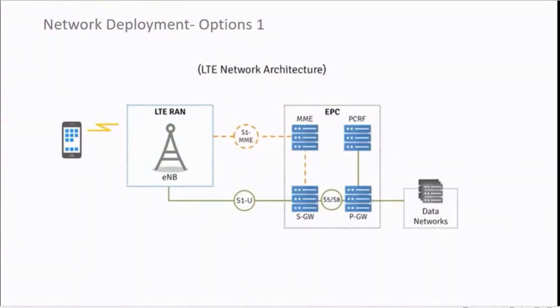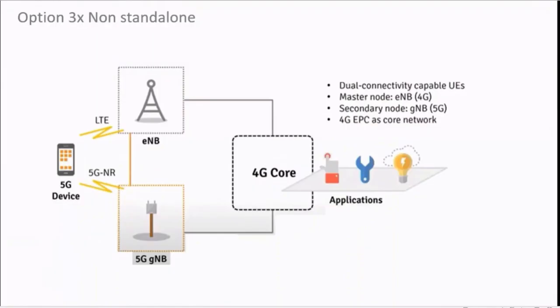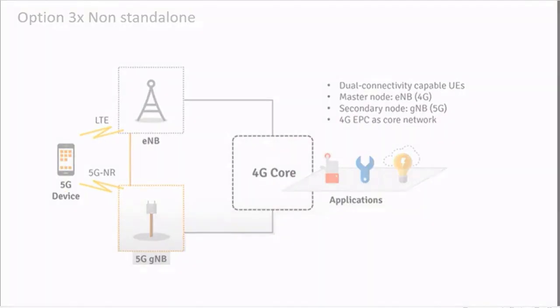Then we have option 2. Option 2 is end-to-end 5G, end-to-end 5G protocols, end-to-end 5G interfaces. So that is our 5G option 2. And then we have option 3, or you can say option 3X, which is a non-standalone option, right?